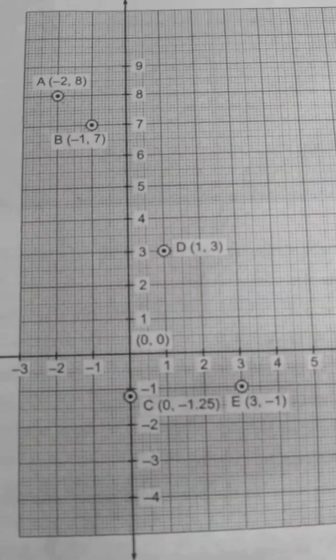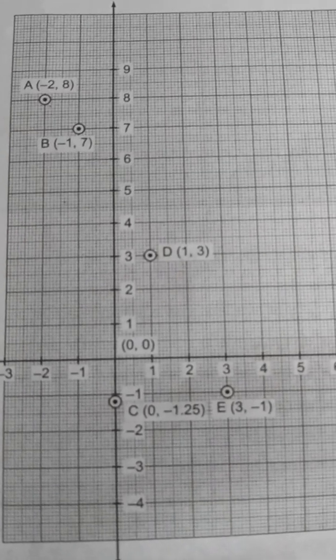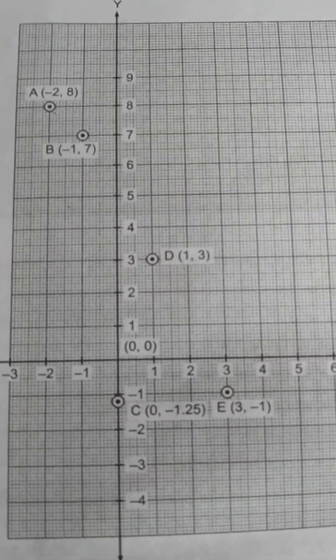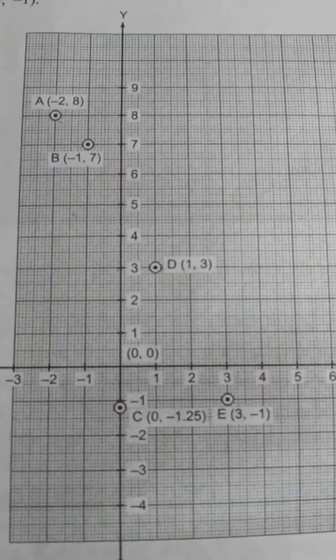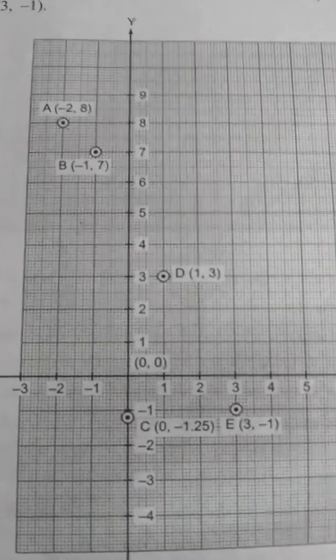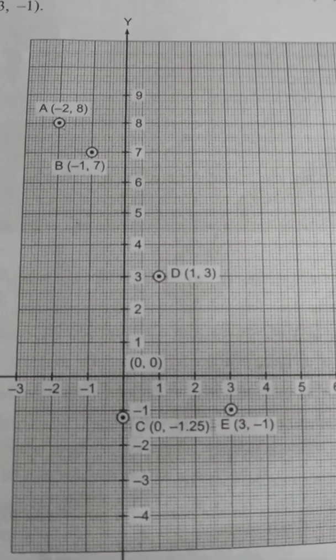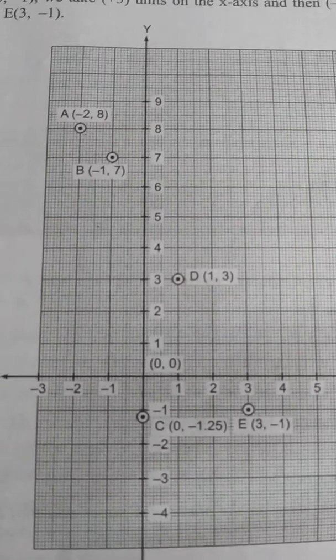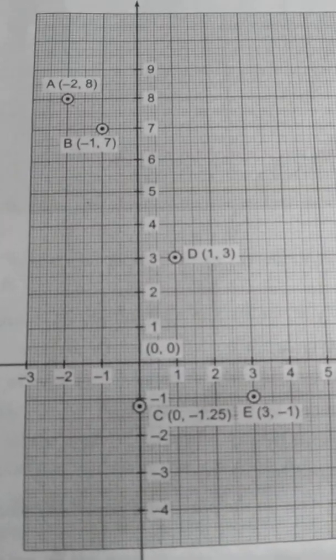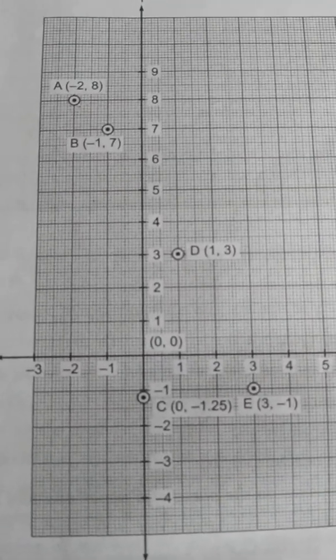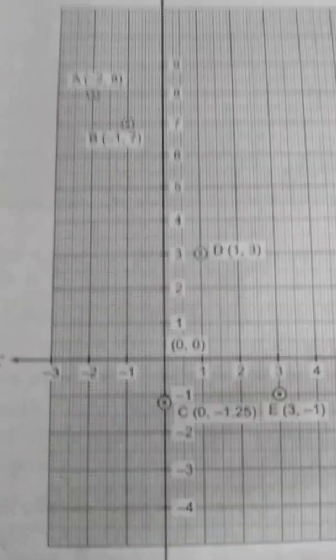So A, write down -2, 8. Second is -1 and 7, B. Can you see B? Now come to C, 0, -1.25. D is 1, 3. Okay, and E is 3, -1. Please repeat it again. Thank you.